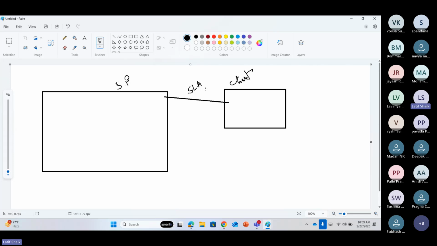In the SLA, it is defined what type of service the service provider is providing. Exactly say what the service is, and the condition of service. For example, I have taken an internet connection: 50 Mbps, or 30, 40, 100, 150 Mbps.